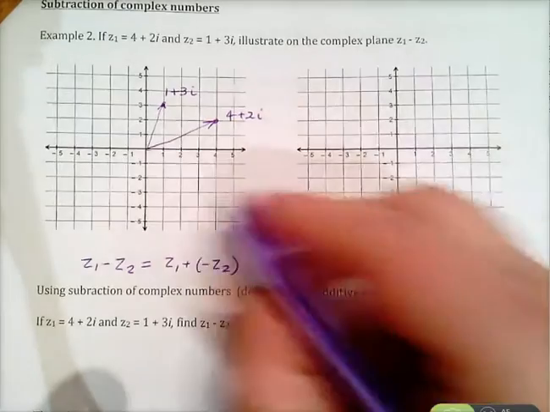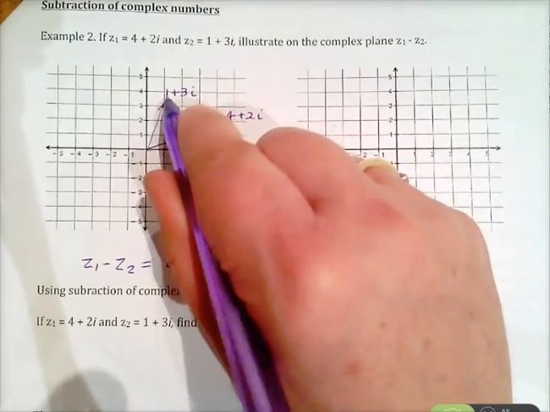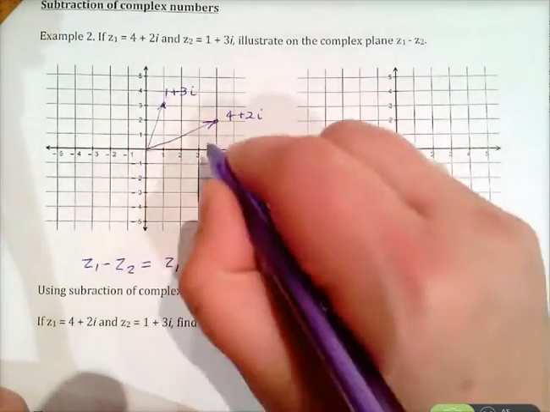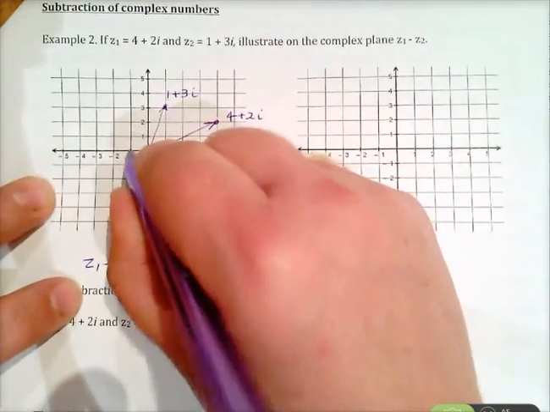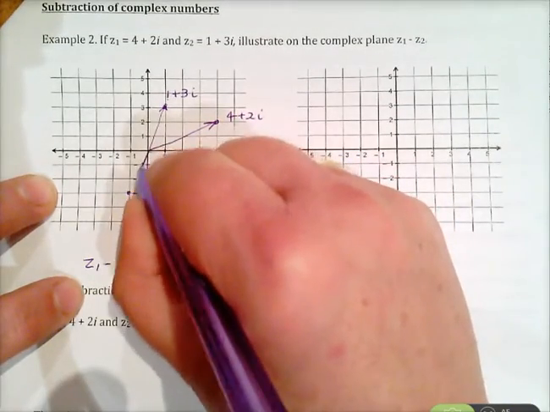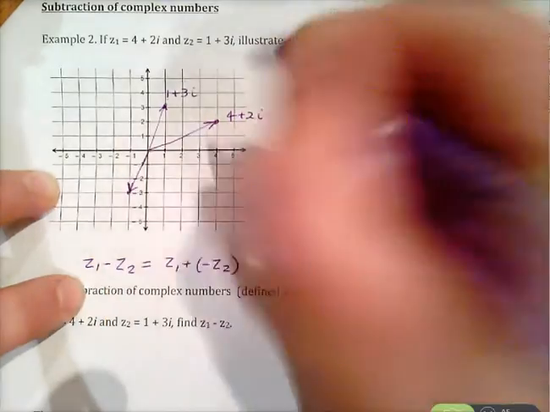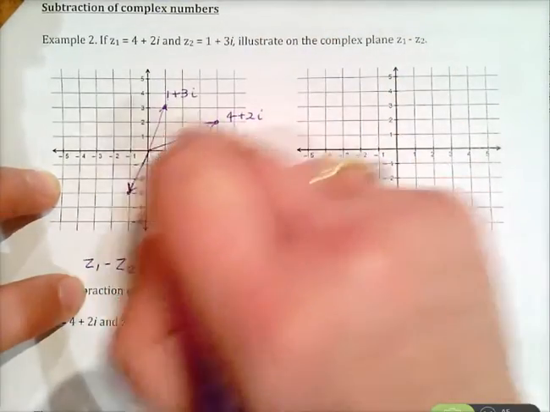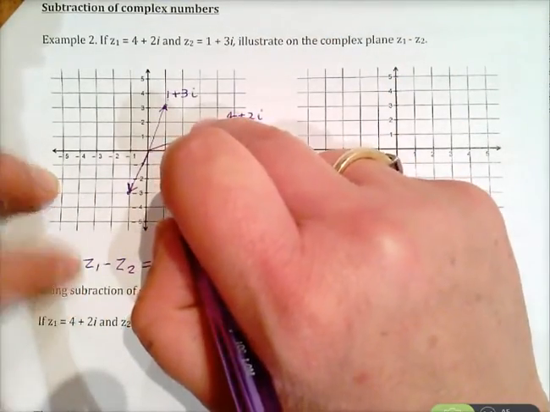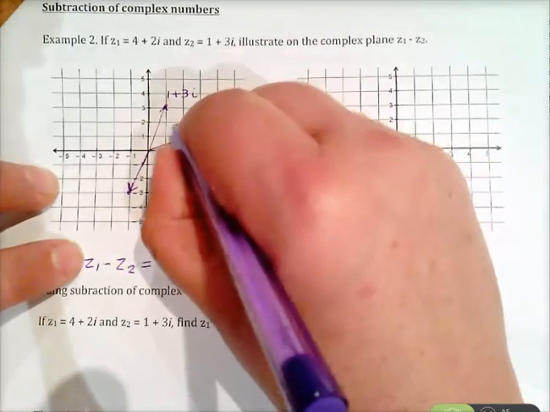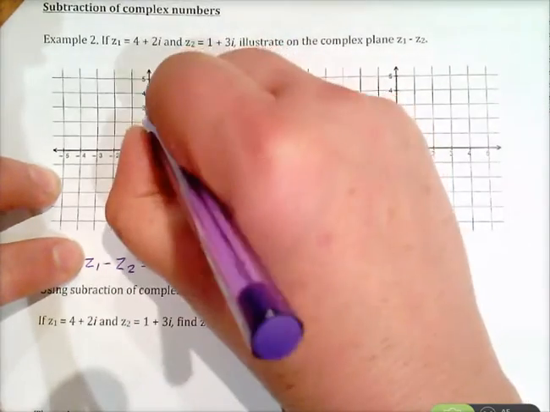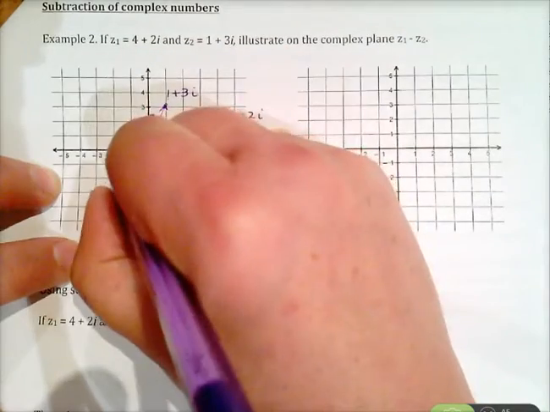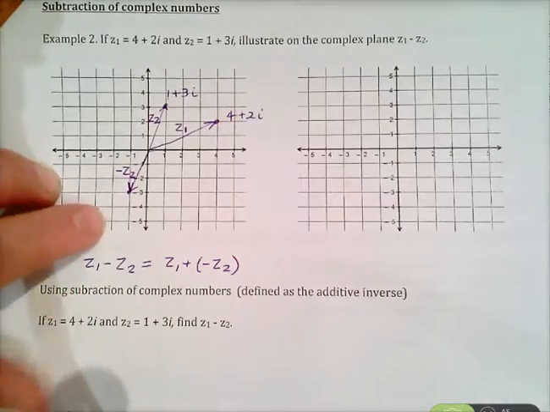Okay, so what is the negative of 1 plus 3i? It's negative 1 minus 3i. So negative 1 minus 3i is down here. So I'm going to label them on the arrows. So if this is z1, this is z2, this is minus z2 down here.